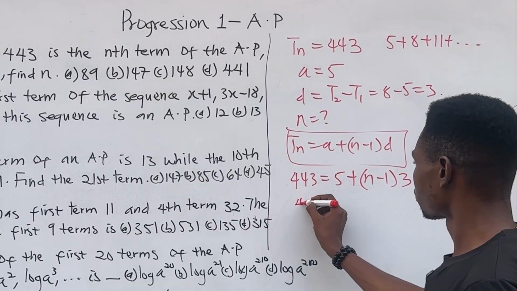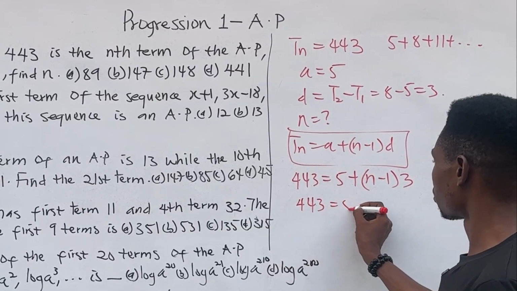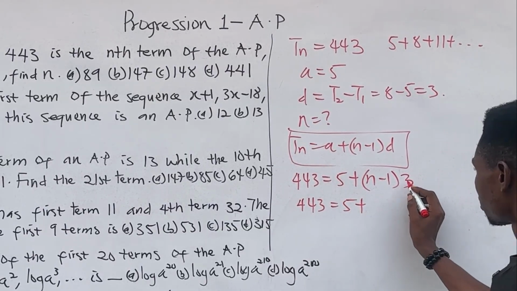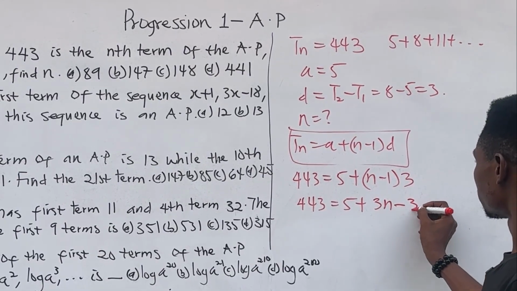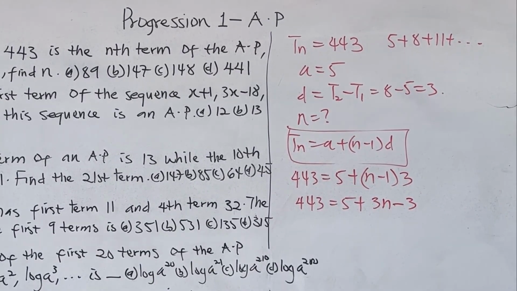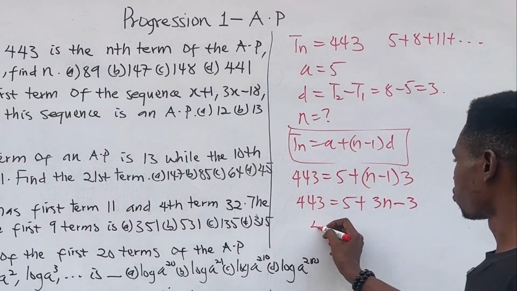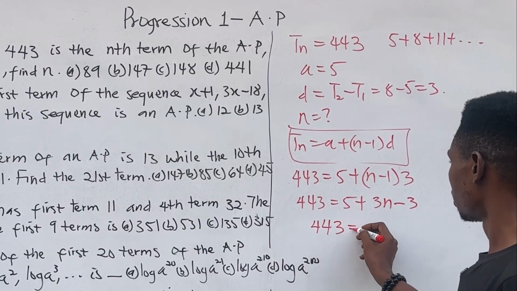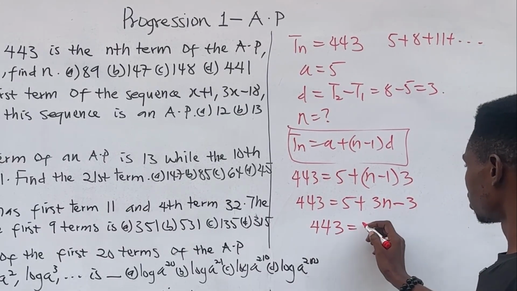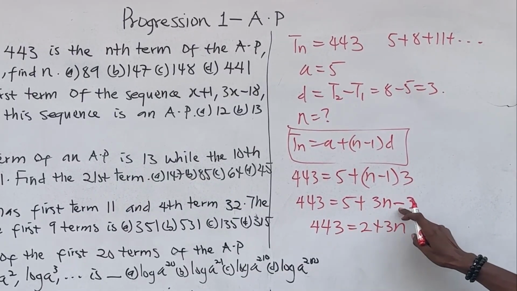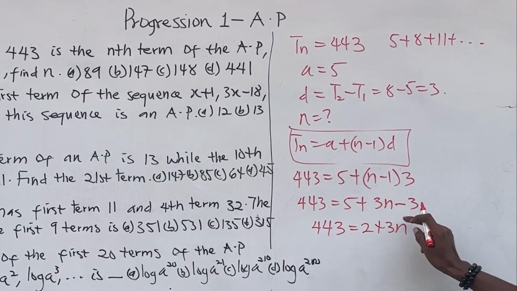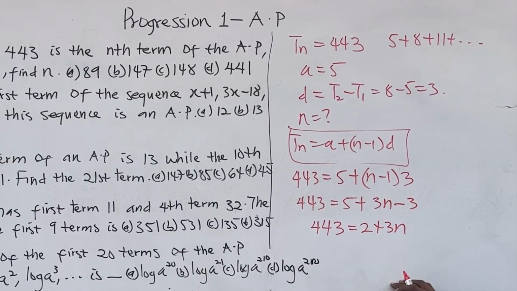So from here, 443 equals 5 plus 3 times this n, that's 3n, minus 3 times 1 is 3. So from here we have 443 equal to 5 minus 3, that's 2, plus 3n.